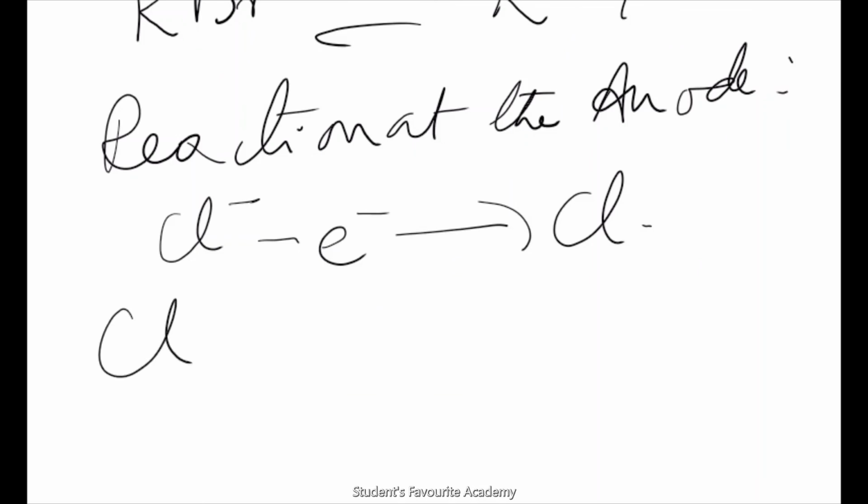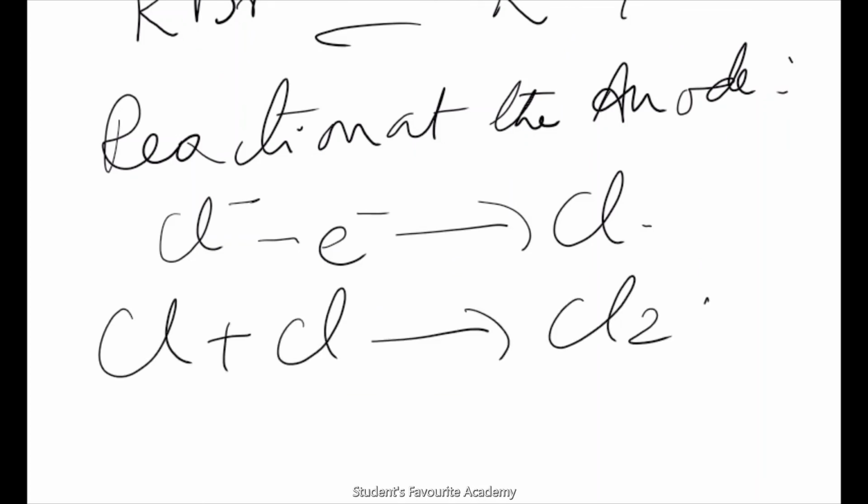Then two atoms combine forming a gas. This is how the metal potassium is extracted by electrolysis using potassium bromide as the electrolyte.